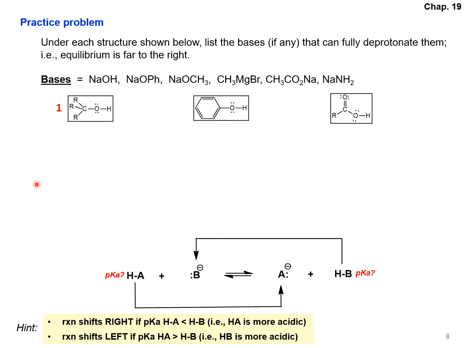An easy way to do this would be to take the molecule you're examining, the acid, and the base that you're treating it with. Let's take this alcohol and we'll take hydroxide.